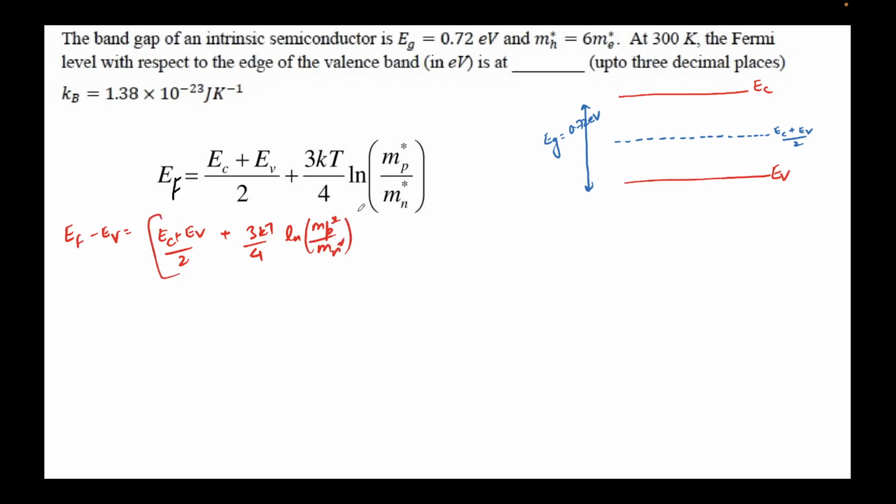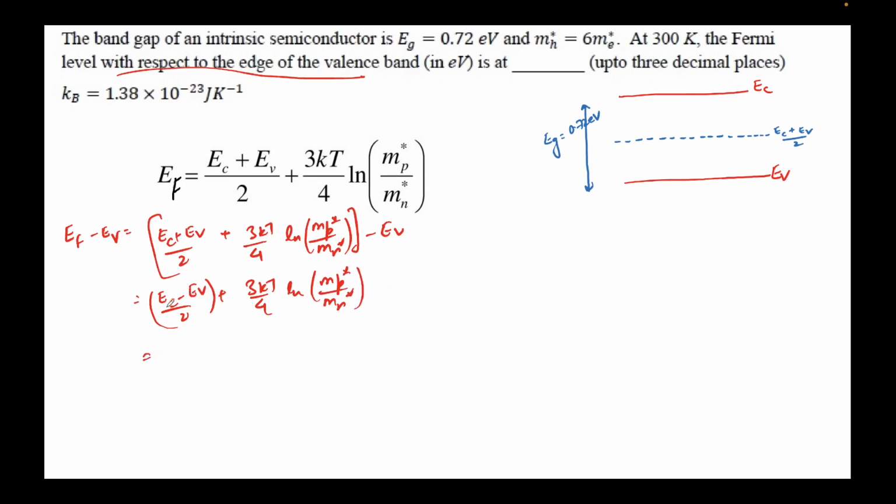This is the first term, and we'll deduct EV because we have to find it with respect to the edge of the valence band. So I'll take EV this side, and it will be EC minus EV by 2. The second term remains the same, 3 kT by 4 ln Mp star over Mn star.